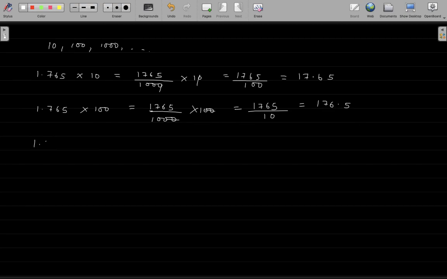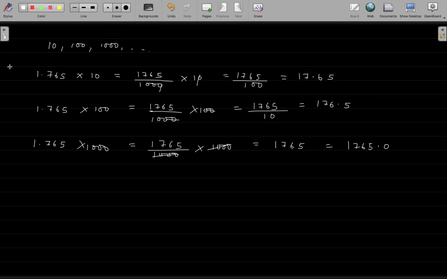If the same 1.765 I am multiplying by 1000, what should this become? 1765 by 1000 multiplied by 1000. 1000 and 1000 get cancelled, leaving you with 1765. Or I can also write this as 1765.0. Both are the same.